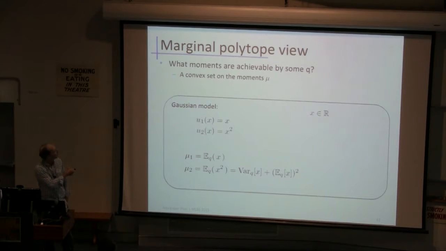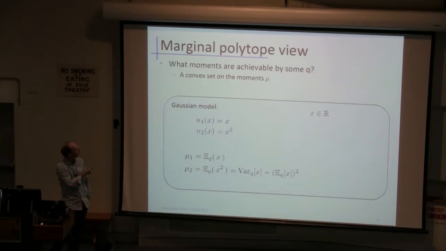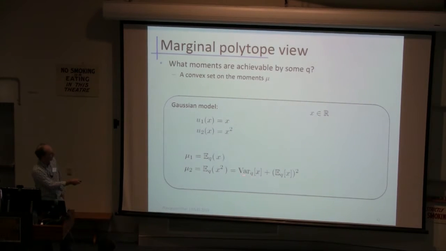The exponential family has 2 features, x and x squared for Gaussians, and the expectation of those features is the mean and the uncentered variance, the second moment, which is the variance plus the squared mean.